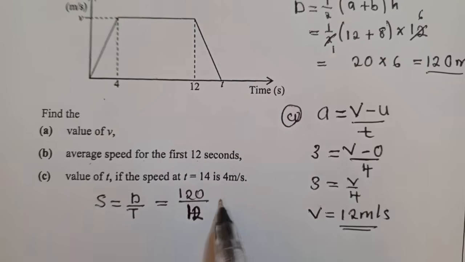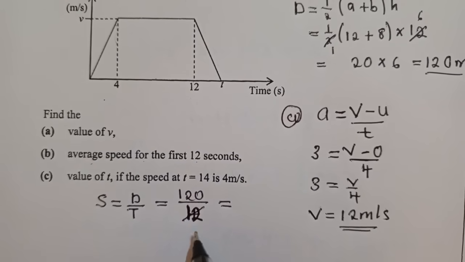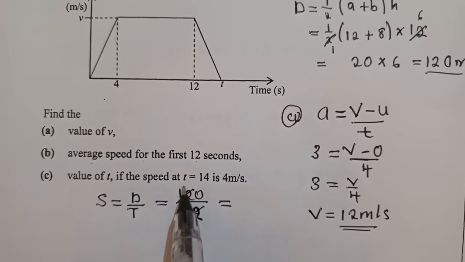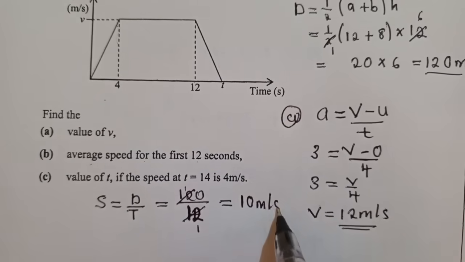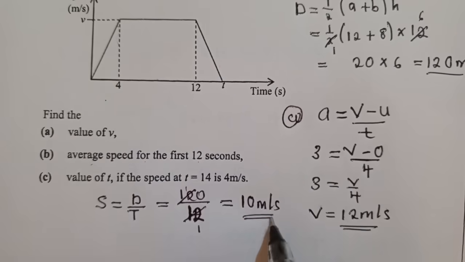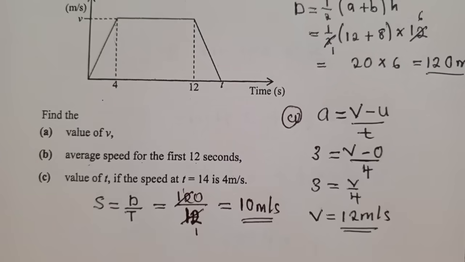So when I work out 12 into 12, 1 into 12 there, it's 1. So my speed will be 10 meters per second. Remember, the unit for speed is meters per second in this case.